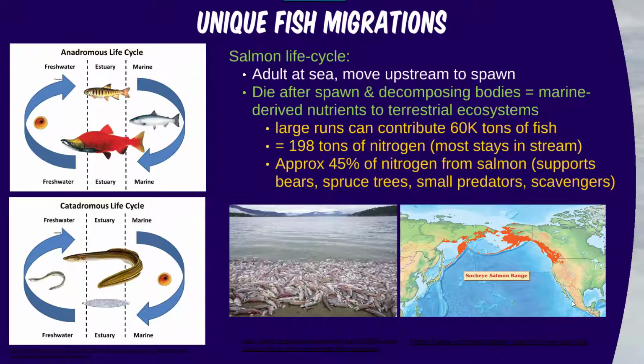Other organisms such as bears, small predators, and scavengers are supported by the food of these fish all dying off. And as you can see, the range of the sockeye salmon pictured in the bottom left-hand picture is going to be quite extensive, because in the figure to the bottom right, we see that all of the orange region contributes to the freshwater existence, or the range, of this sockeye salmon.